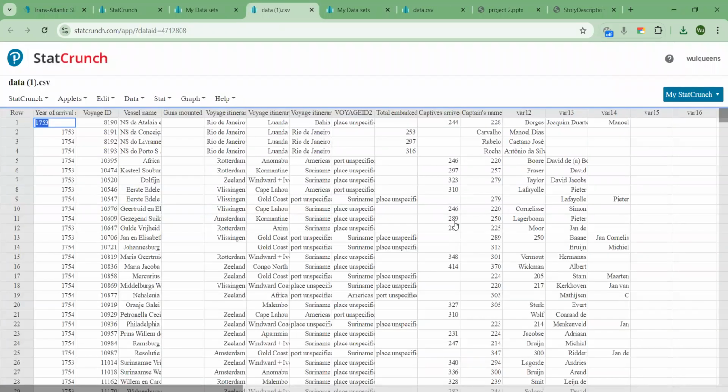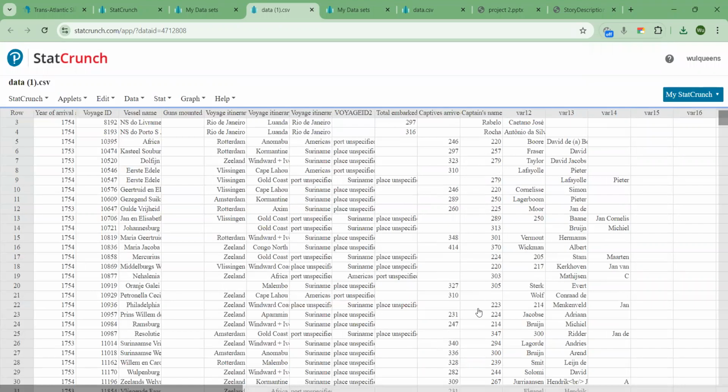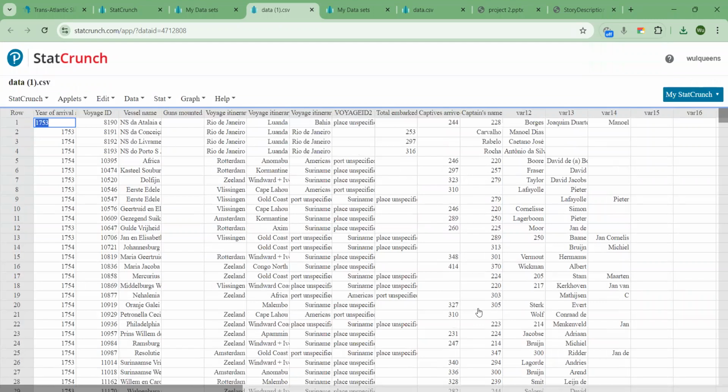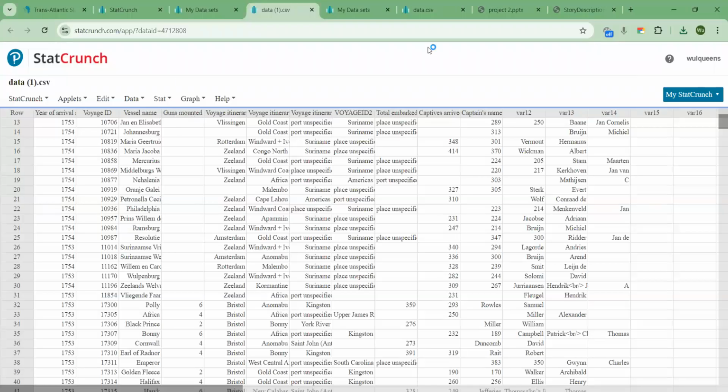And I would be able to see the guns mounted this time. So I do find my guns mounted column, which is over here, right?